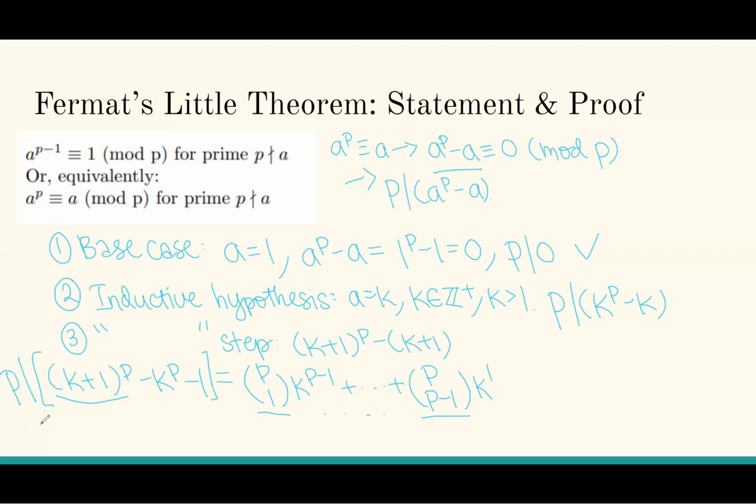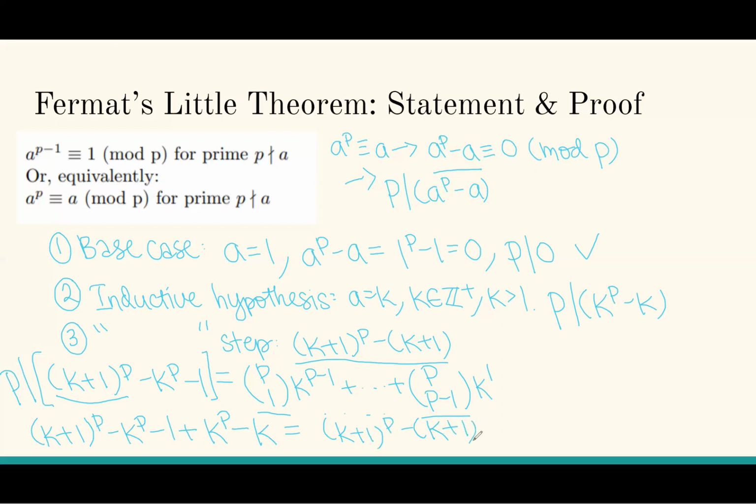Now, in order to get from this expression to our desired expression, we do this minus k to the p minus 1, and then plus k to the p, and then these two cancel out, and then minus k. So note that this is equal to k plus 1 to the p minus k plus 1.